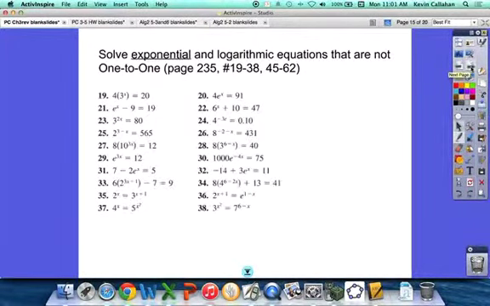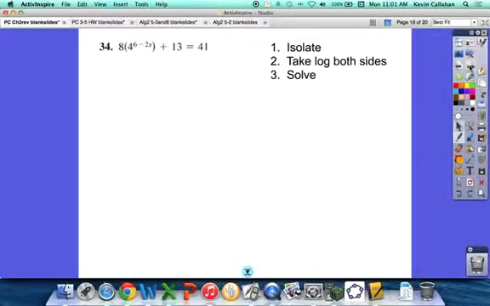Okay, solve exponential and log equations. These are the problems in the study guide. I mean, all the problems in the book. Just as an example, let's try to solve an exponential equation. Remember that these were the steps right here. Isolate the exponential, take the log of both sides, solve whatever's left. Right? So how do I isolate this one?